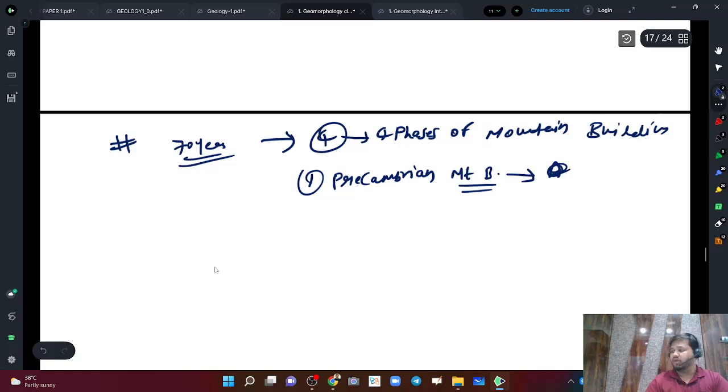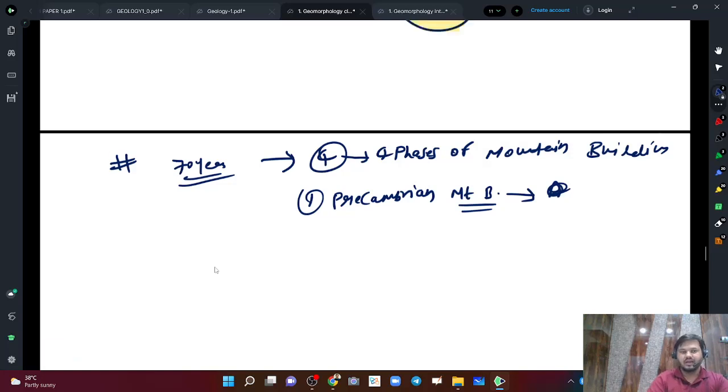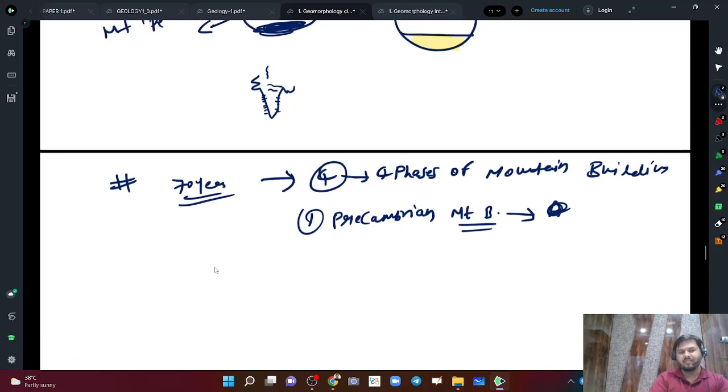I hope you are aware about the mountains of India. Yes, Aravali. We have Western Ghats, Eastern Ghats, Aravalis, Vindhyas, Satpuras, and then the mighty Himalayas. These are the major mountains of India. This is Himalayas, this is Aravali, this is Vindhya, this is Satpura.